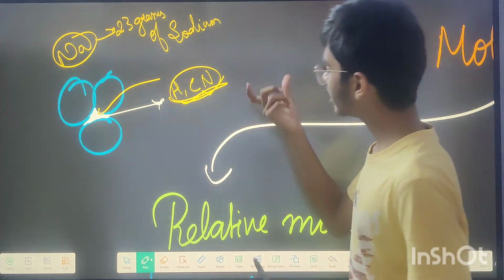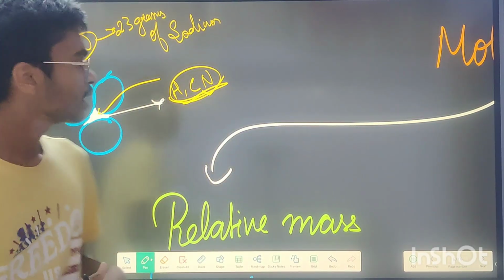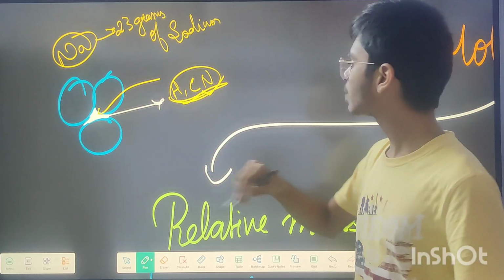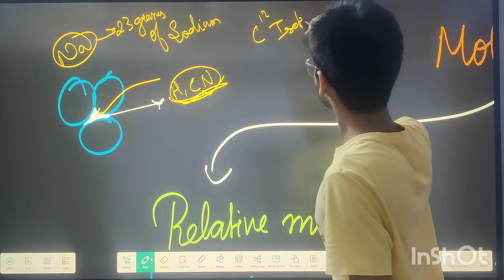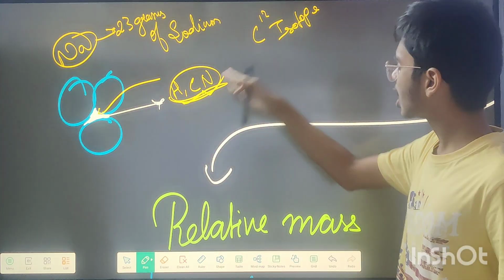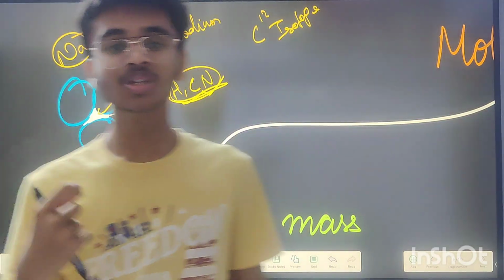So in order to be very accurate, what scientists have found is that these impurities, hydrogen, carbon, nitrogen, are very, very less in the carbon 12 isotope. And this is what we say as interstitial compounds.